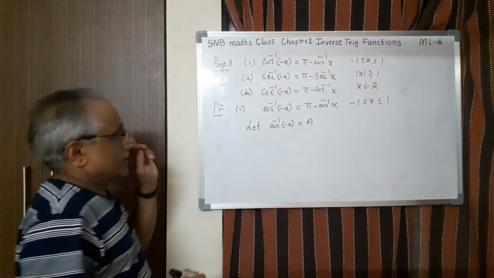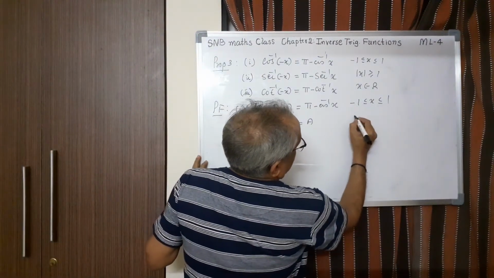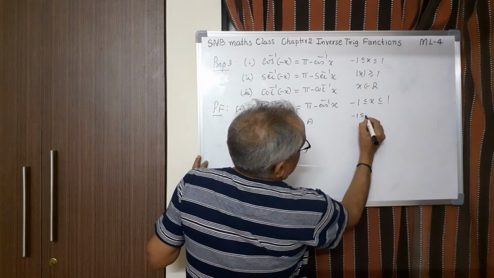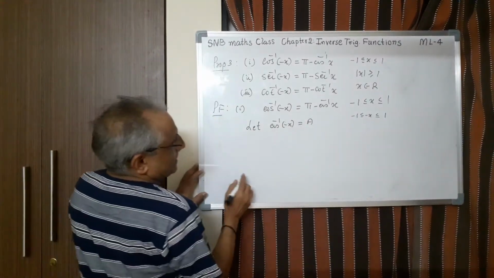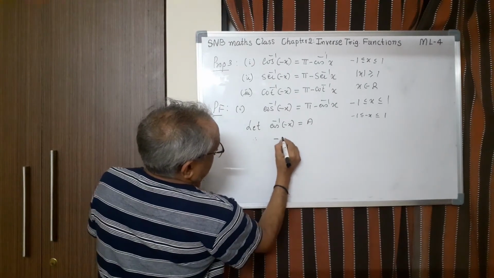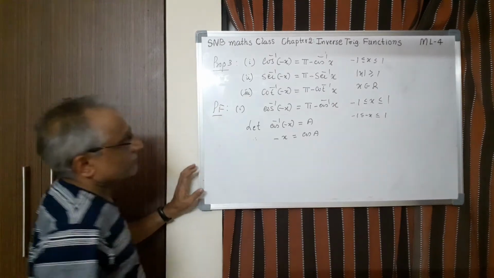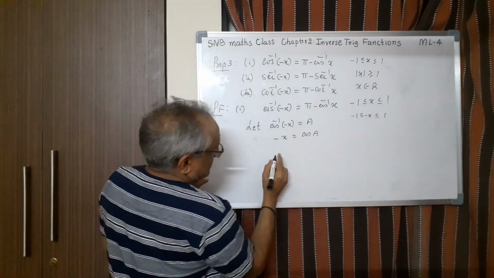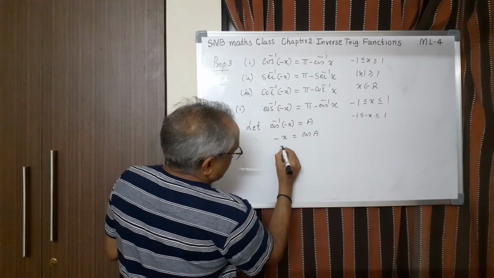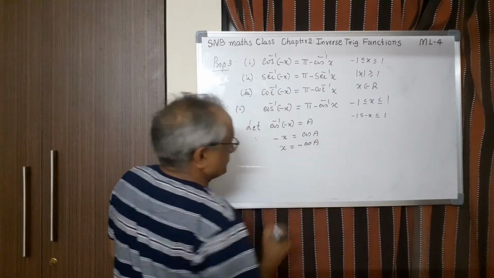Once again, whenever x lies between minus 1 and plus 1, minus x also lies between minus 1 and plus 1. Therefore definitely I can take minus x equal to cos a. Now I will take the minus sign to the other side, so x will be equal to minus cos a.